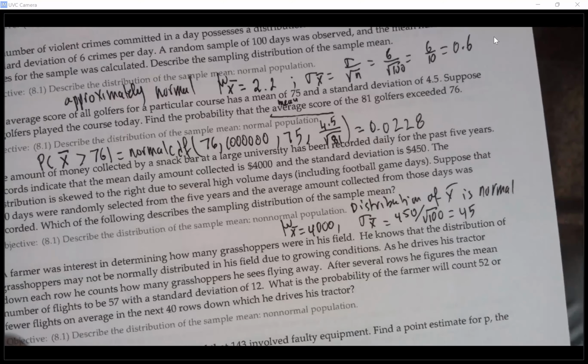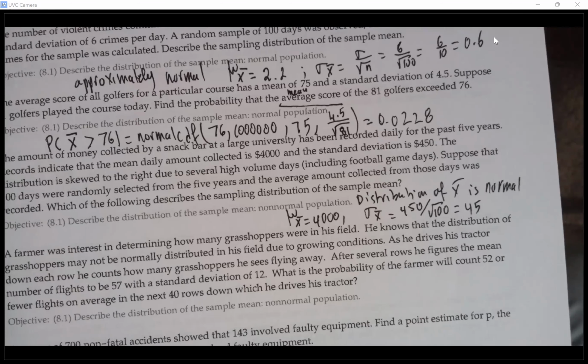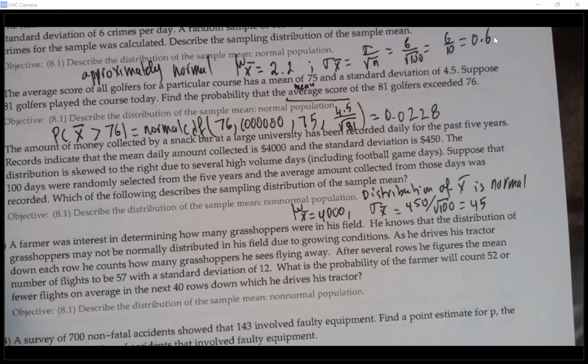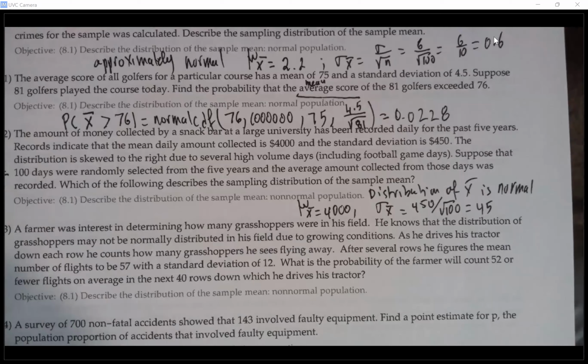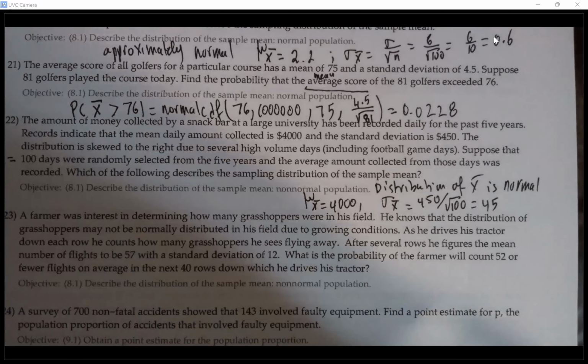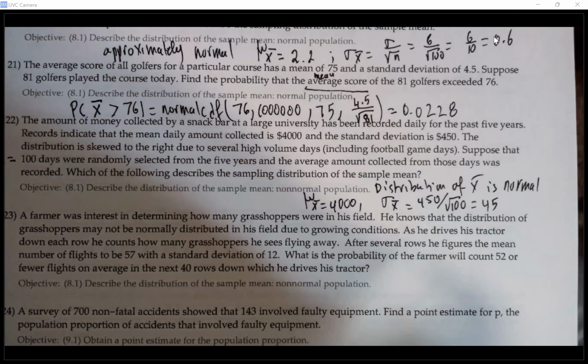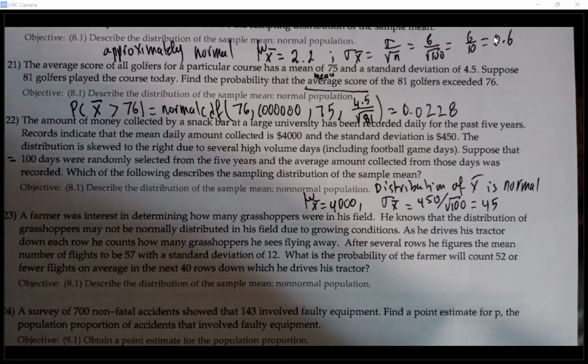23. A farmer was interested in determining how many grasshoppers were in his field. He knows that the distribution of grasshoppers may not be normally distributed. So if the distribution is not normally distributed, he has to pick a sample size of more than 30. As he drives his tractor down each row, he counts how many grasshoppers he sees flying away.